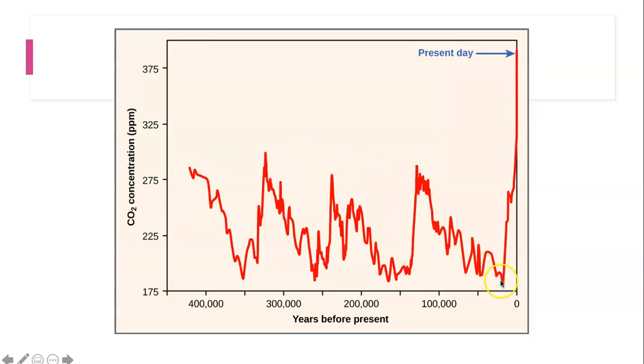If you look within the last 10,000 years, what we're facing today is unprecedented levels of atmospheric carbon concentration. And you can just see how concerning this is and how it's undeniable that this is an anthropogenic or man-made change.